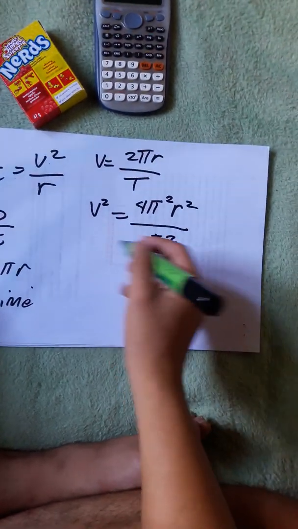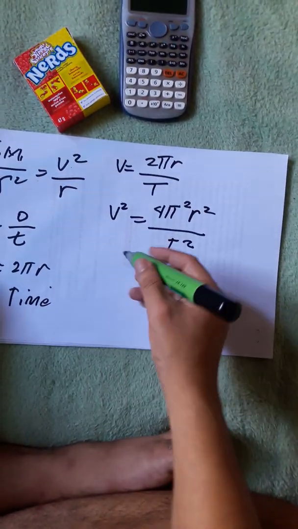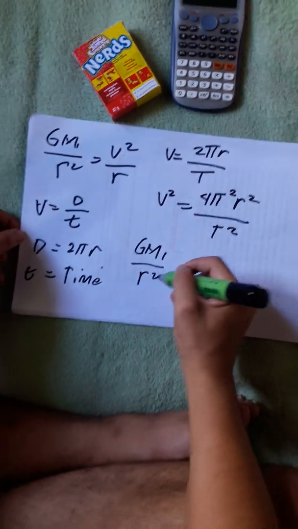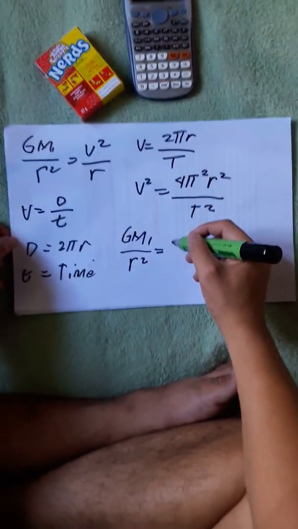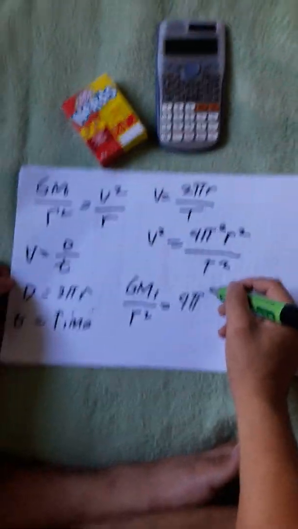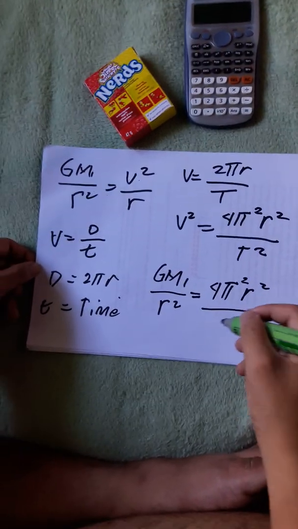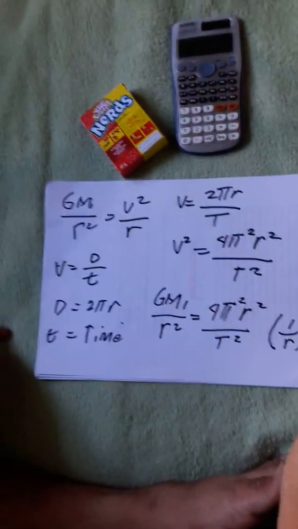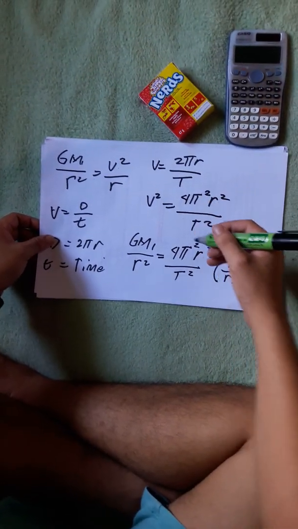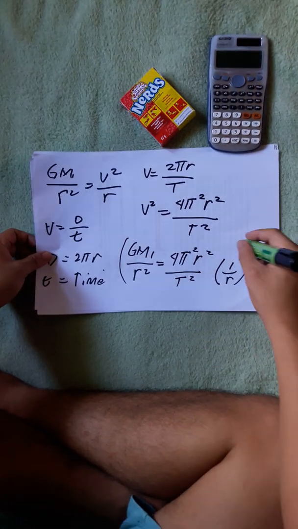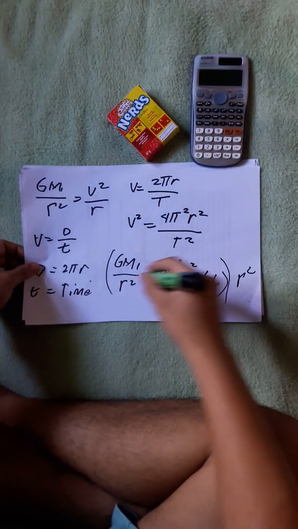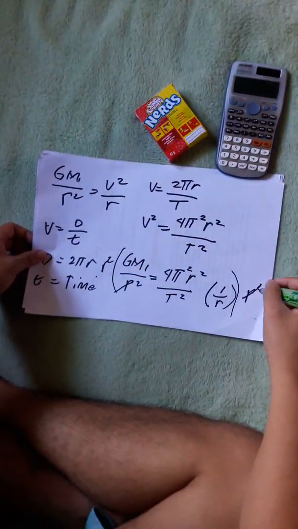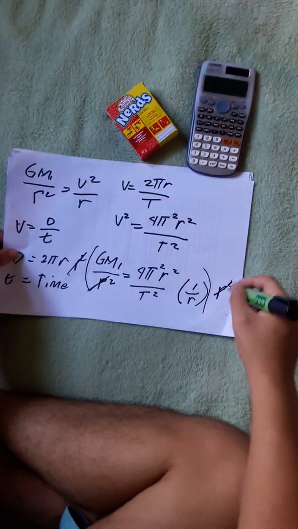Then we substitute v squared over to this value, and we have G m1 over r squared equal to 4 pi squared r squared over t squared times 1 over r. By multiplying this equation by r squared, we cancel r squared here, here, and here.